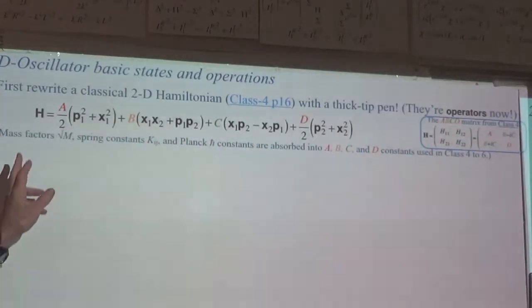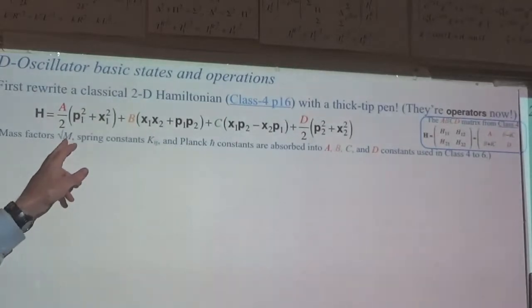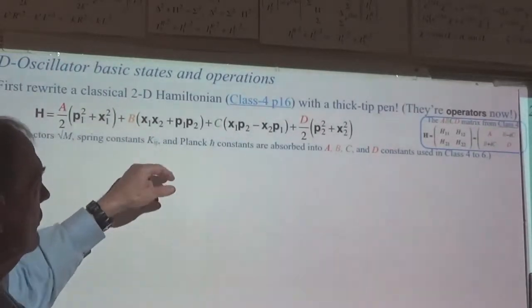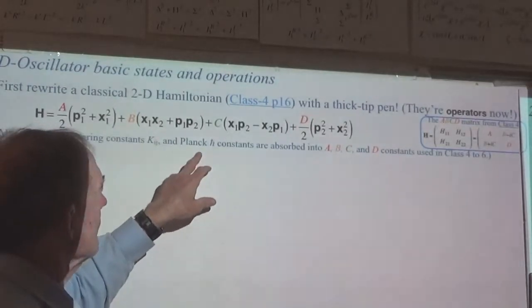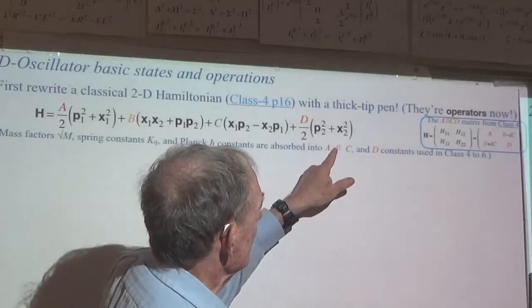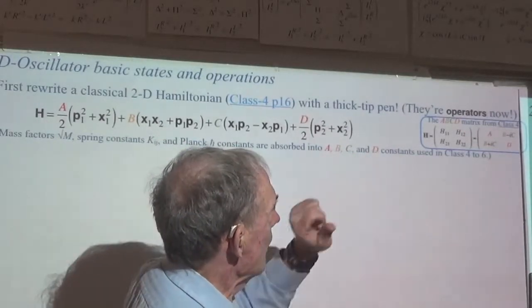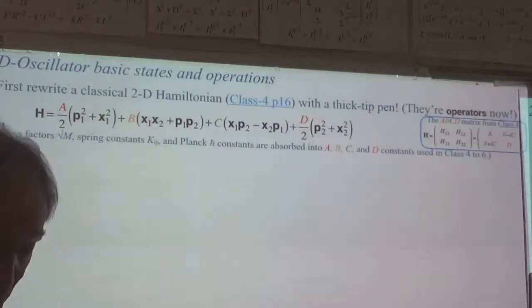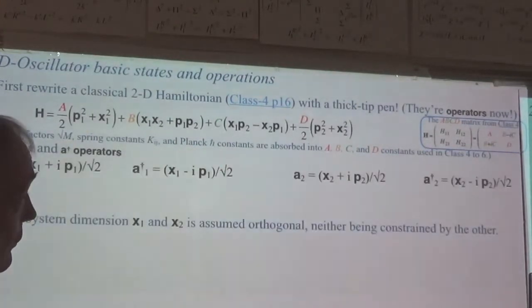And basically all of the mass factors, square roots of m, the K matrix components, Planck's h-bar constants, are all absorbed into these four real variables that we'll be using.